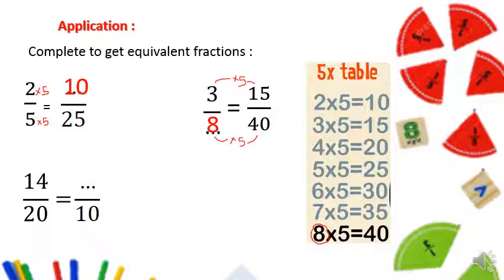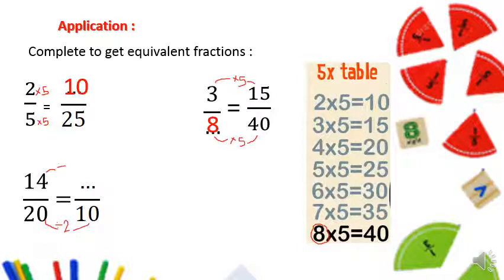Now, let's take the last one. We have 20. It became 10. So what did we make? Multiplication or division? We made division. So we divided by 2 to give me 10. So what to do here? Whatever you do to the denominator, we have to do to the numerator to get equivalent fractions.